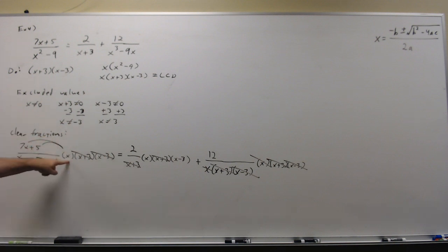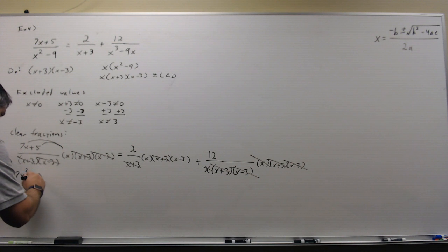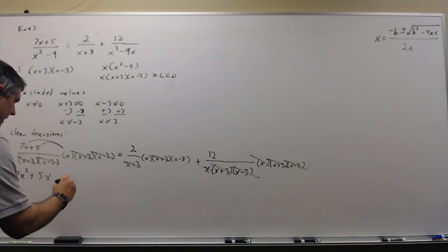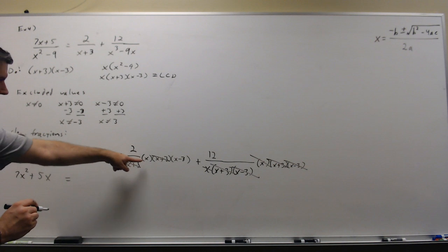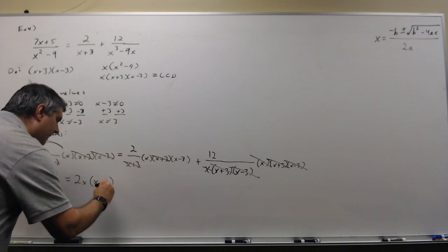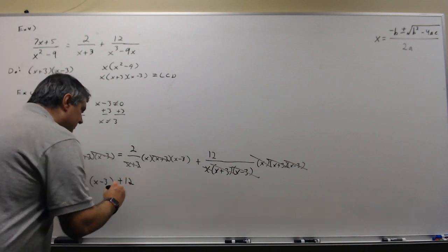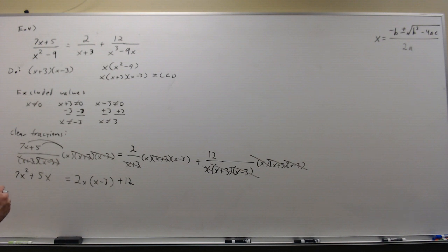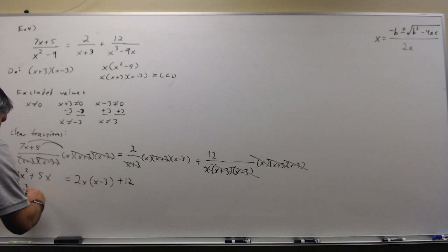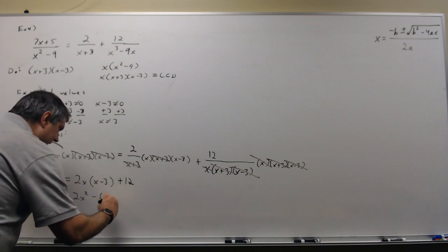So this x would actually be multiplied against both terms in the numerator. Over here, you would have 2x times x minus 3, and then plus 12. So I have 7x squared plus 5x equals 2x squared minus 6x plus 12.